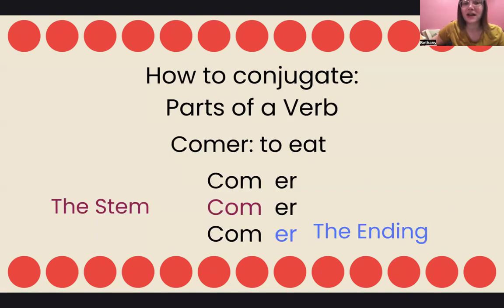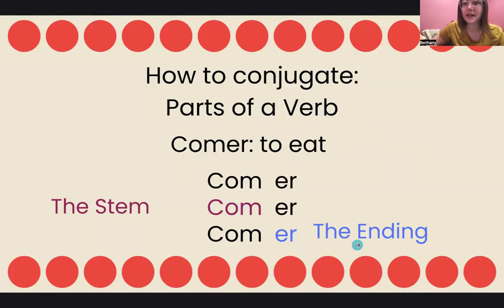So, how to conjugate a verb. First, let's start with parts of the verb. The first part of the verb is the infinitive. Here, comer, infinitive, comer. It means to eat. When you conjugate a verb, there's different parts. So the first part is com, which is the stem or the root. This is called the stem of the verb, com.